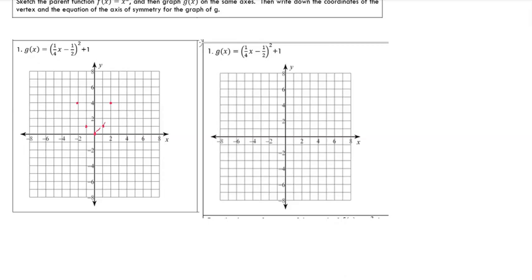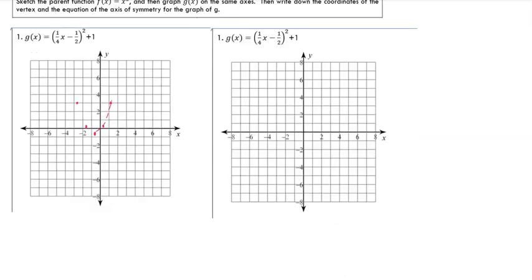So there's my parent function right there. Then write down the coordinates of the vertex of g of x and the axis of symmetry, and then sketch.